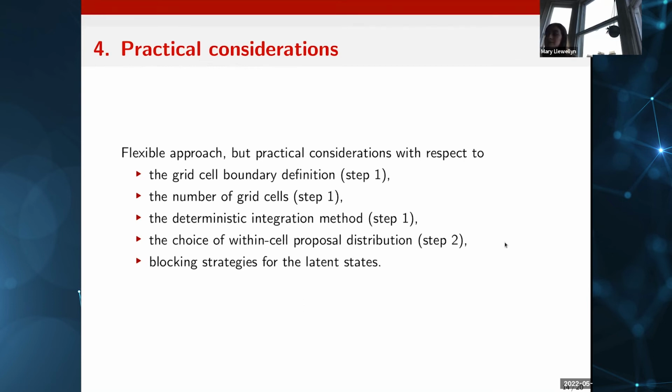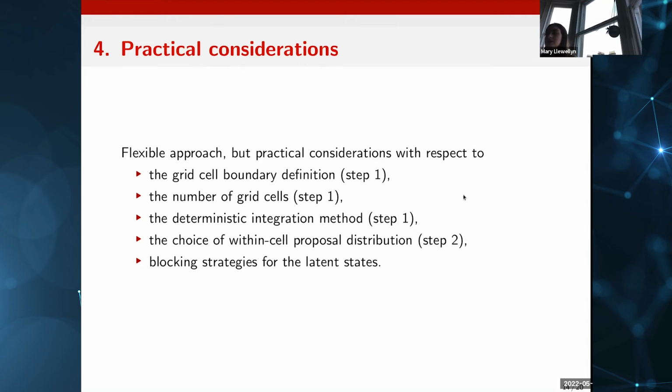But I'll now explain and tie up some loose ends with respect to implementation, so how you would actually implement this algorithm. Along the way, I've subtly introduced a few decisions that you have to make, primarily regarding these points here.